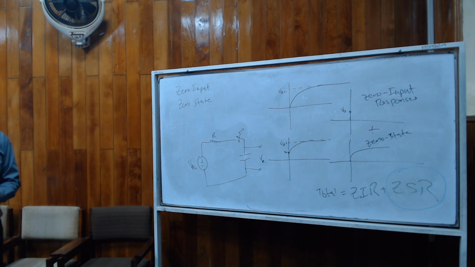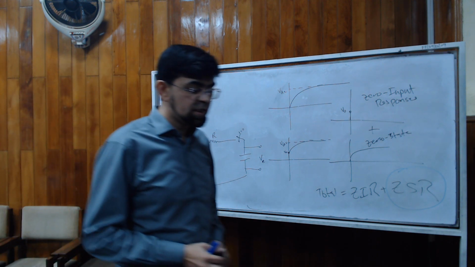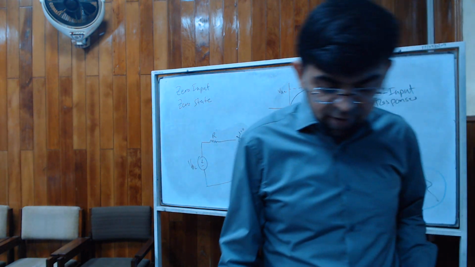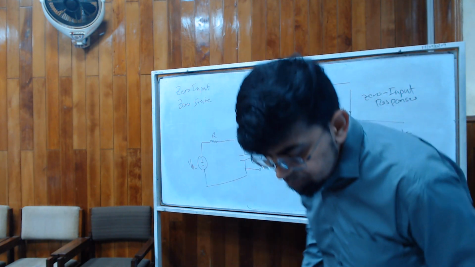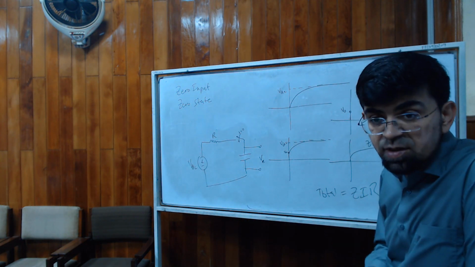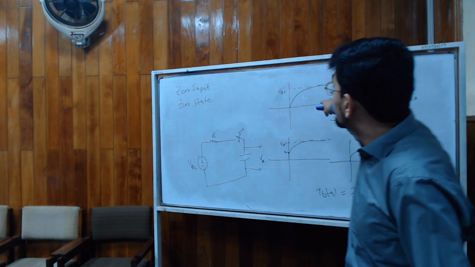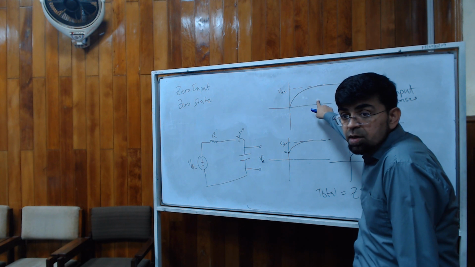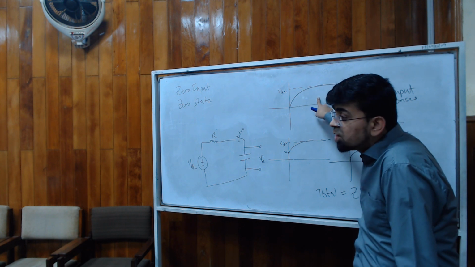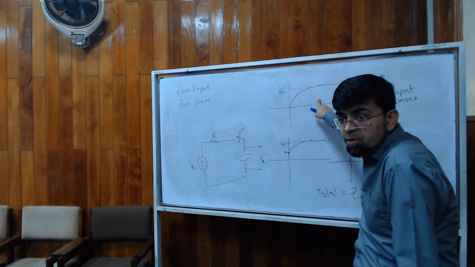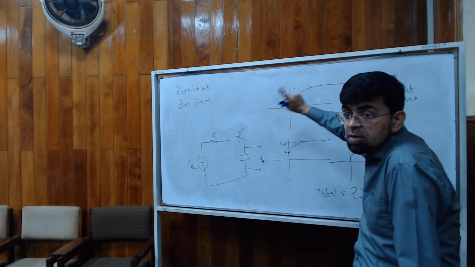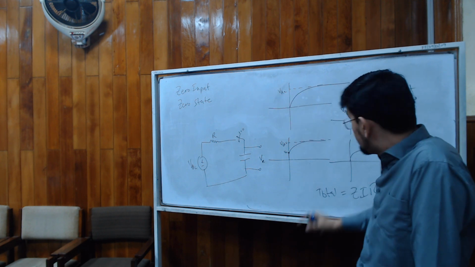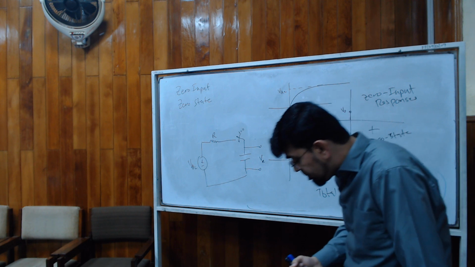If it is not, then you need to find that also, and that will help you give the full response of the system. Otherwise, you had an assumption in mind, right? So if you call this the impulse response, you call this the response of the system. No, it's the zero state response, which is the impulse response. That's fine.